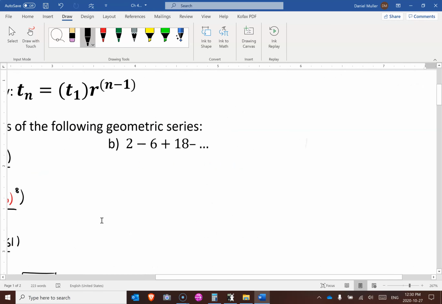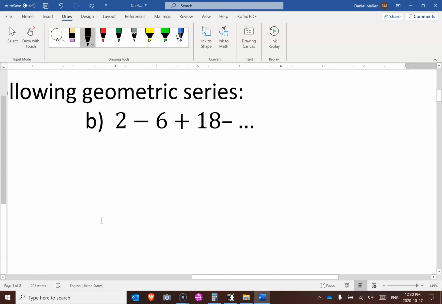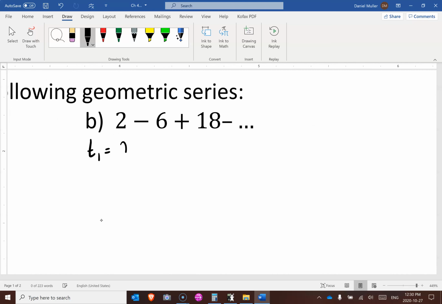Let's try this one. Our first term, T1 here, is 2. Our ratio, r, is -6 divided by the previous, which is 2. In this case, that's -3. And the number of terms is 8.